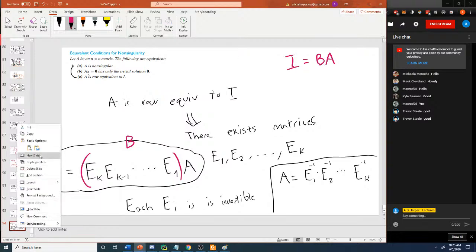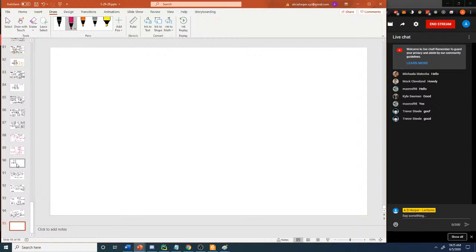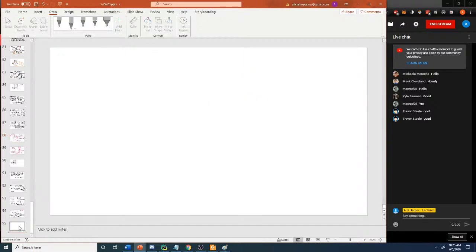Now, I want to talk about one last thing concerning row operations. And it's kind of a special case, but it's something that comes up in a lot of computational applications. So let me go back and recall our elementary row operations.